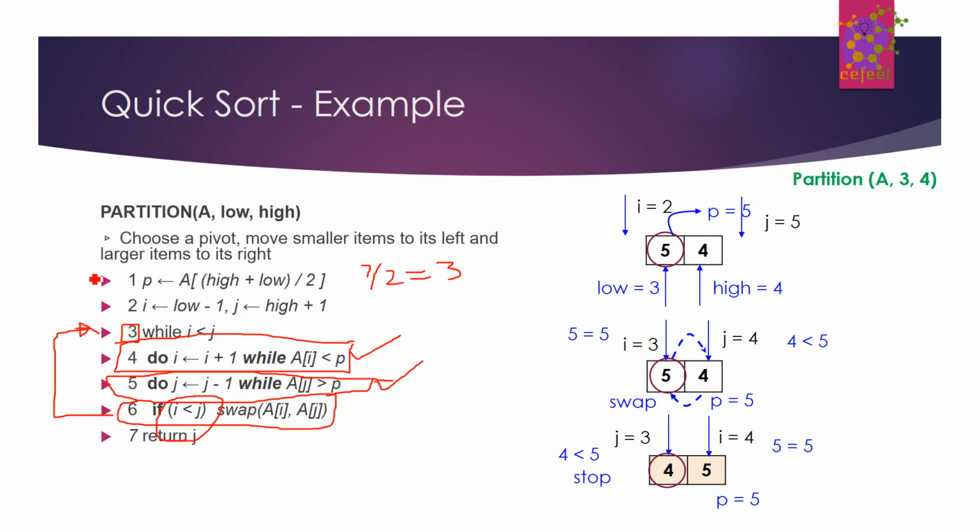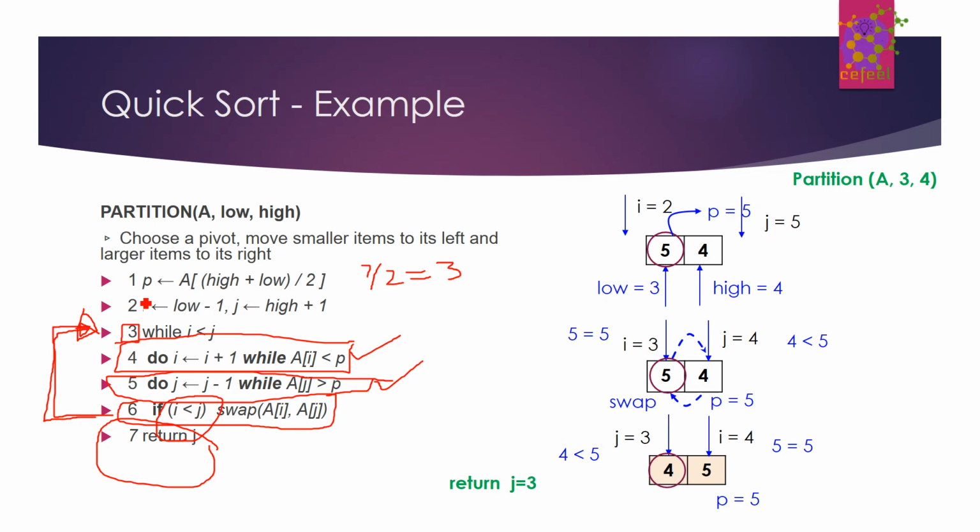And what will happen is step 6 will end, and we'll go to step 3, where I is again compared with j, and I is not less than j, so the outer while loop will also end, and we will go to step 7 and finally return j equals 3, which is the value of j.